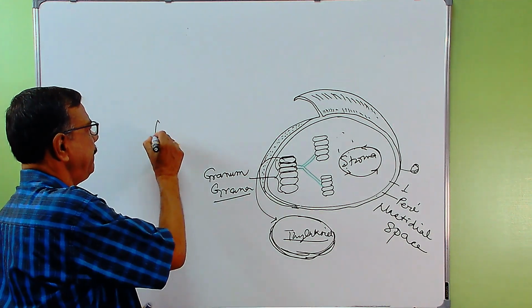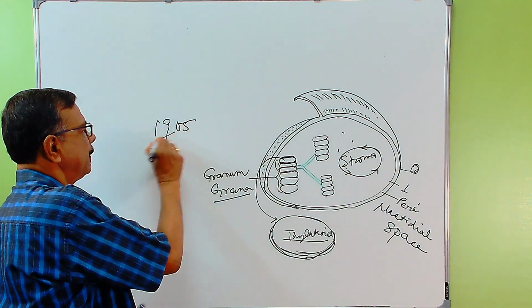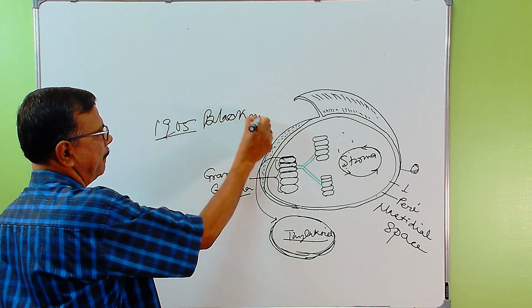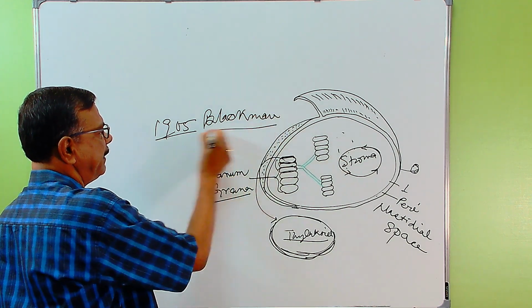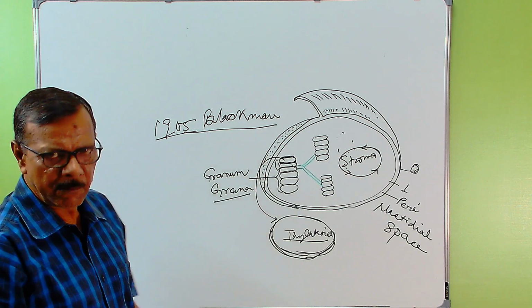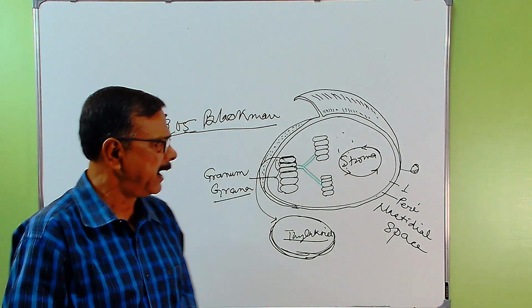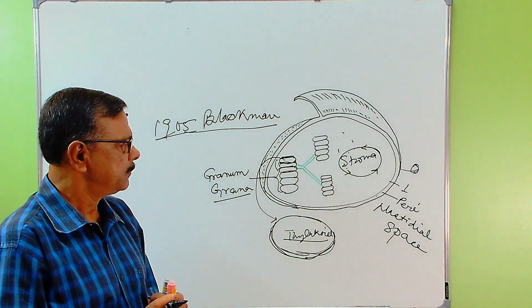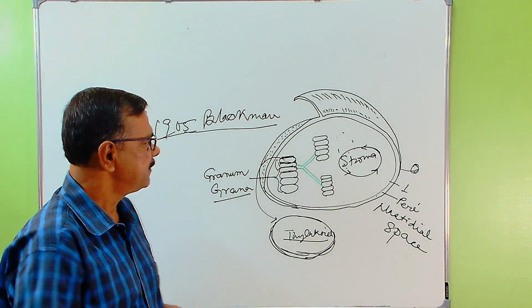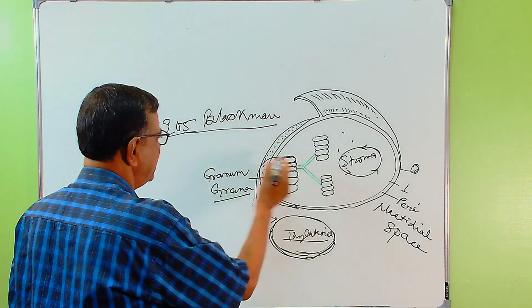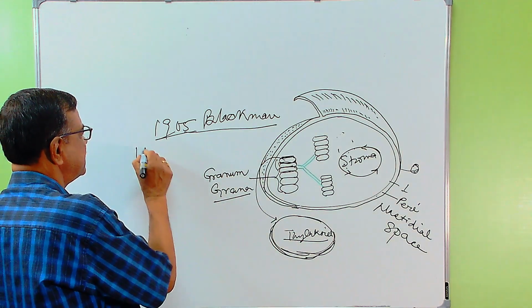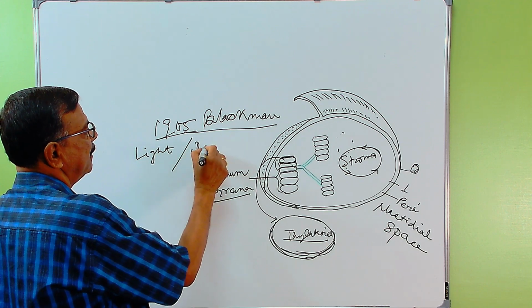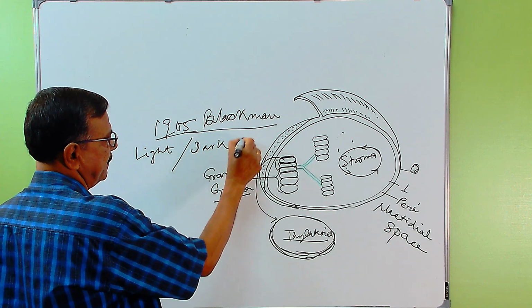In 1905, Blackman discovered that photosynthesis goes on in two phases, and he named these two phases the light phase and the dark phase.